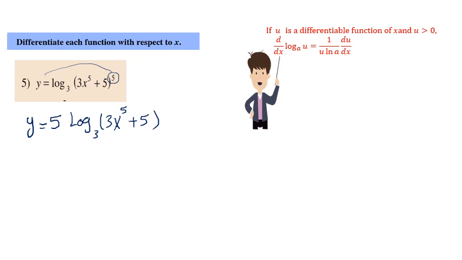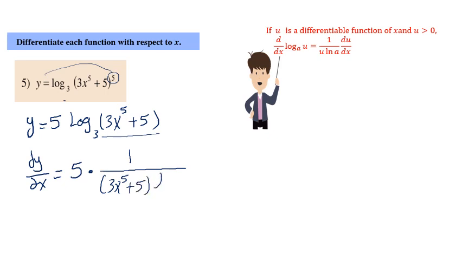So now the derivative of y with respect to x equals 5 multiplied by the derivative of the logarithm, which is 1 over the function, 3x to the power 5 plus 5, multiplied by ln of the base, which is ln 3, multiplied by the derivative of the function itself, u, and the derivative of u is 15x to the power 4.